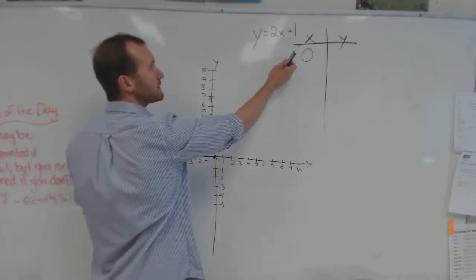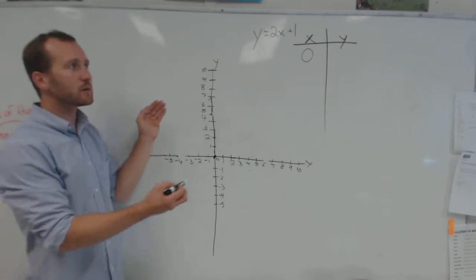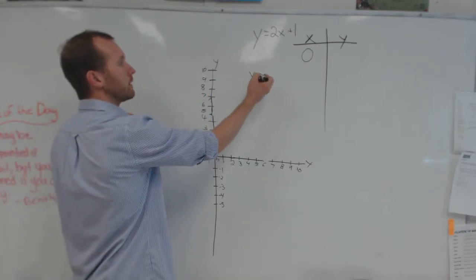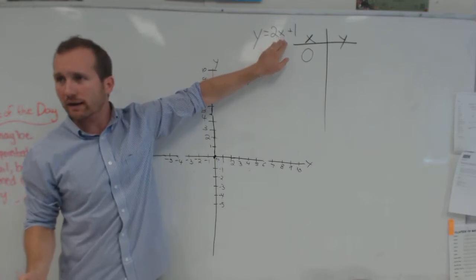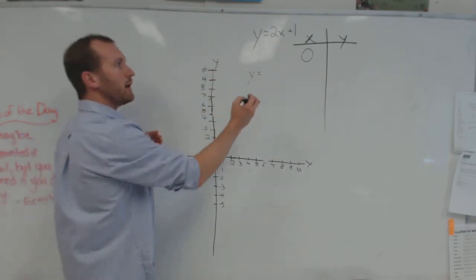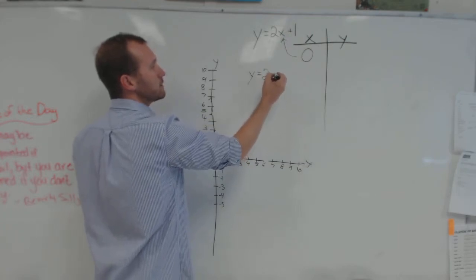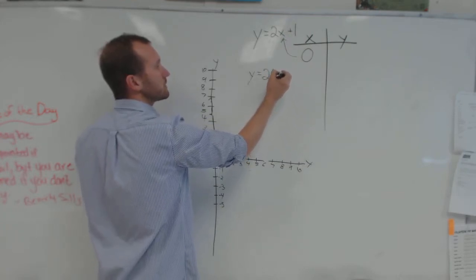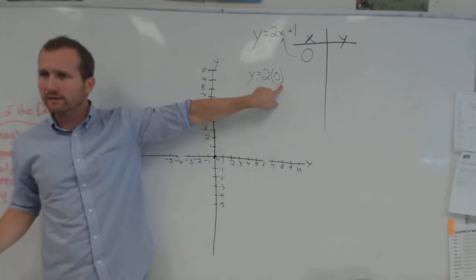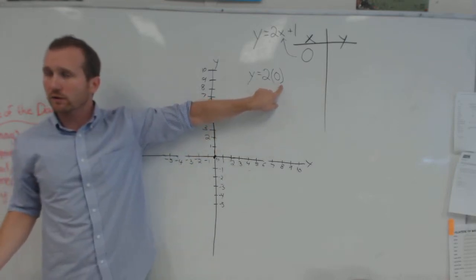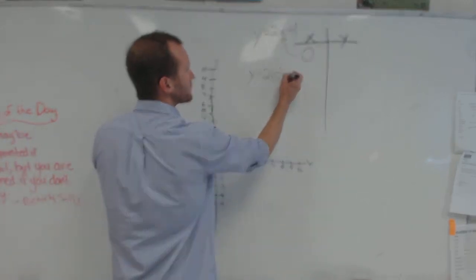So if my x is 0, then let's look at this equation. All it's saying is y equals 2 times x. But what is x? 0. So all I have to do is plug it in: 2 times 0. Remember in algebra we're going to use parentheses a lot for multiplication. So y is 2 times 0 plus 1.